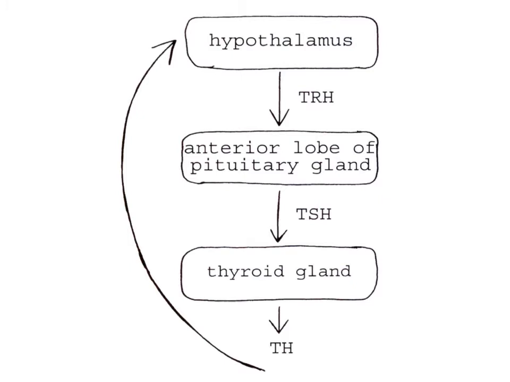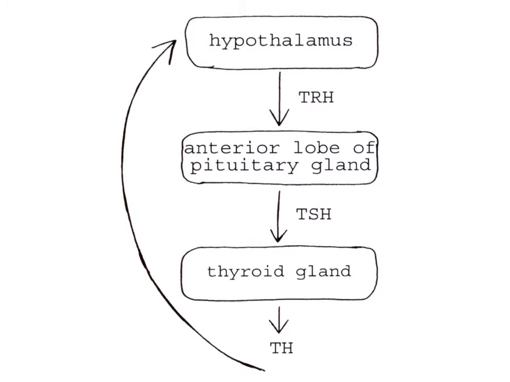This will travel to the anterior lobe of the pituitary gland, and cause the anterior lobe to produce more thyroid stimulating hormone. So the more TRH that arrives at the anterior lobe of the pituitary gland, the more thyroid stimulating hormone the anterior lobe will produce.